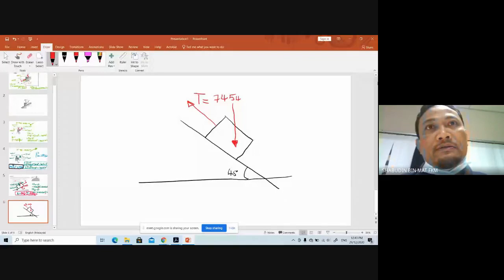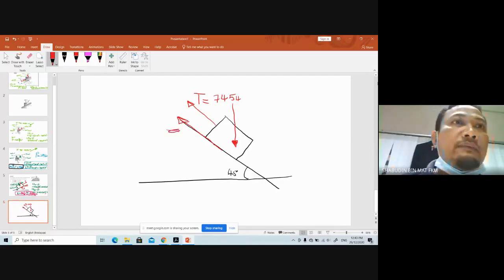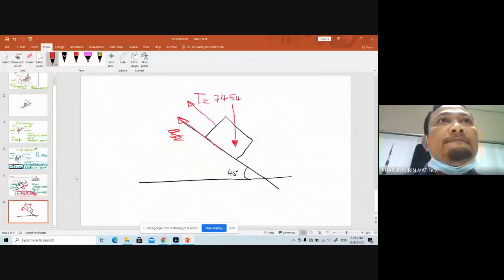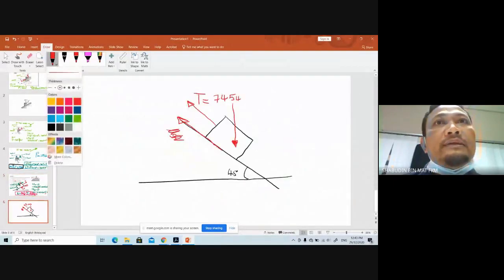So mu S n is given by 0.3 also. So 0.3, erase it.